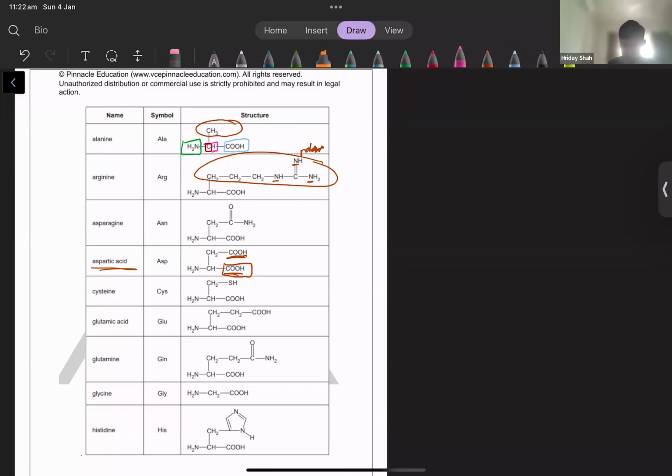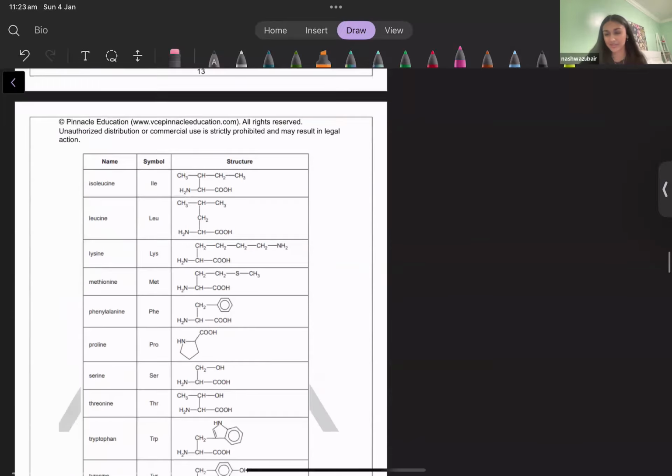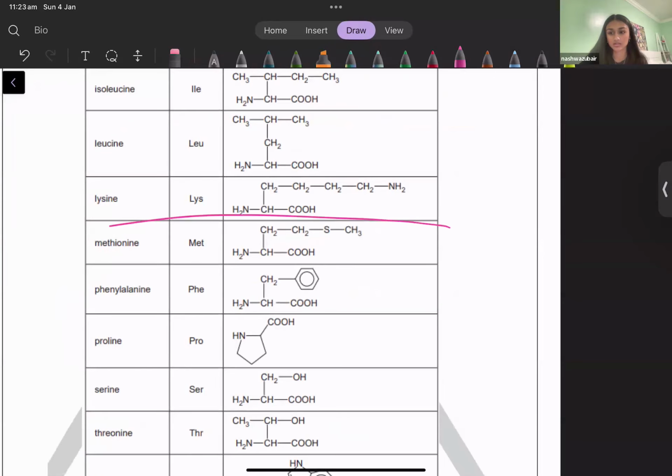Yeah, that's one of them. Sulfur is represented by the S, by the way, for its chemistry. Methionine. Yeah. Not sure how to say it.